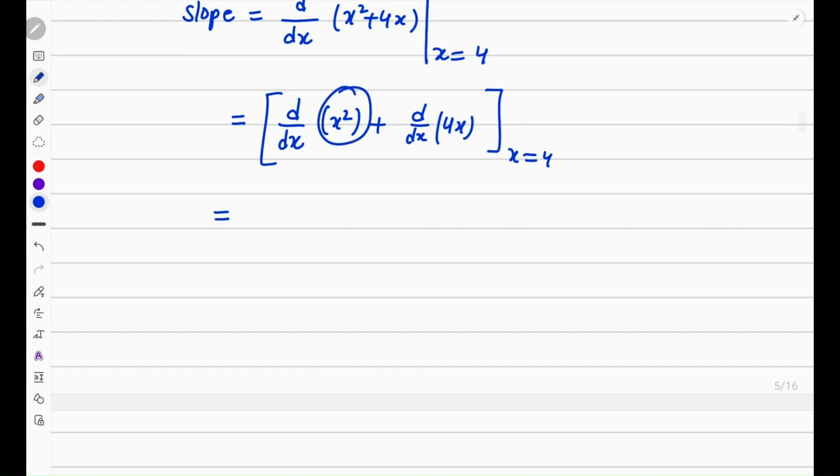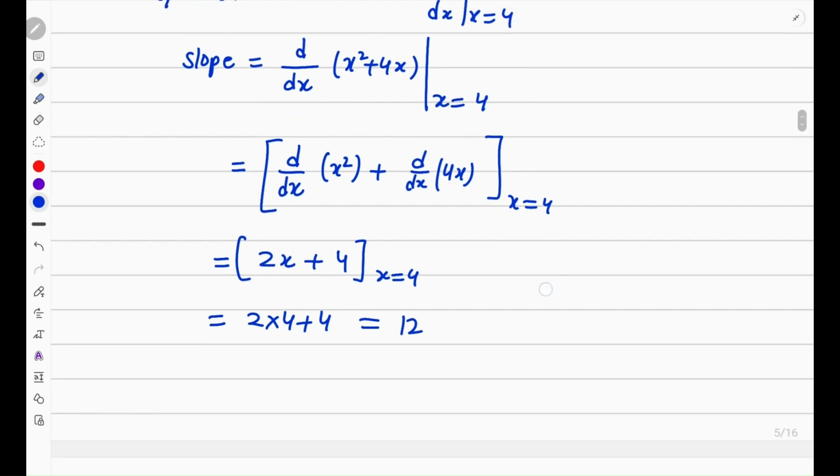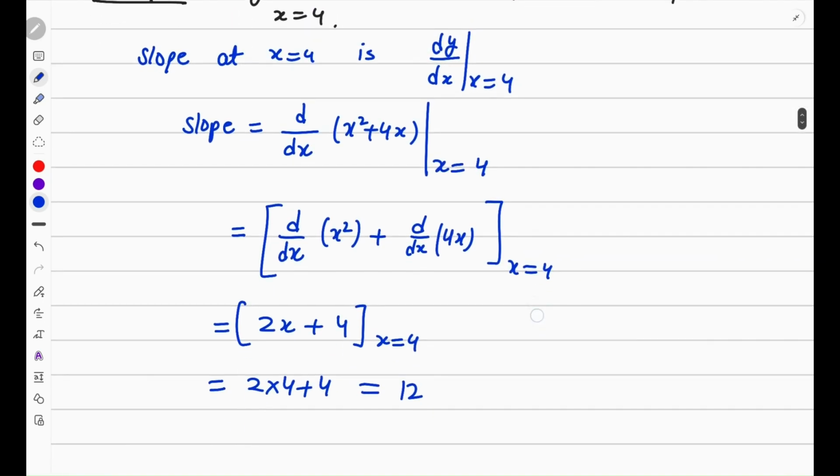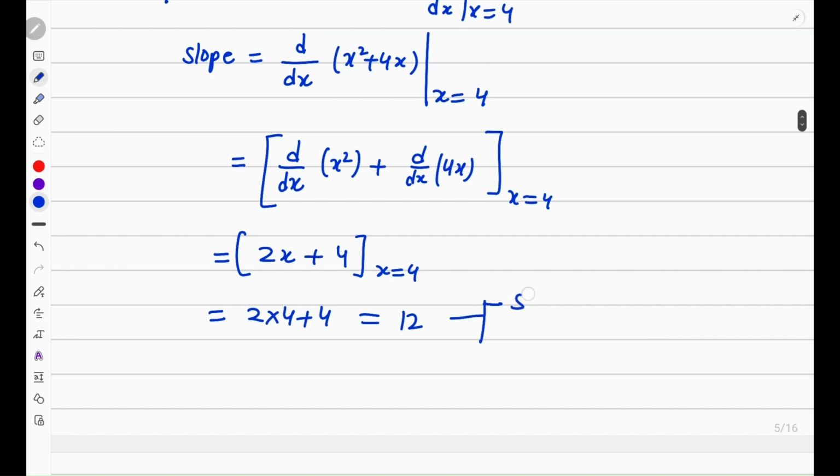So the differentiation of x square will be 2x plus the differentiation of 4x will be 4, and we put the x value as 4. It is 2 into 4 plus 4, it is 12. So basically this is the slope, or we can also say it is the rate of change, at x equal to 4.